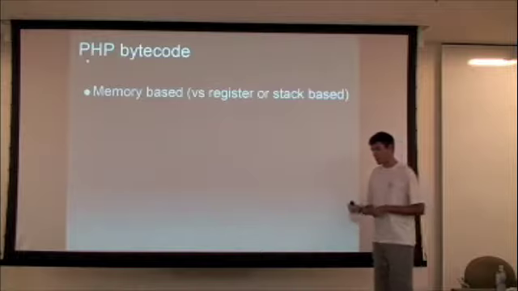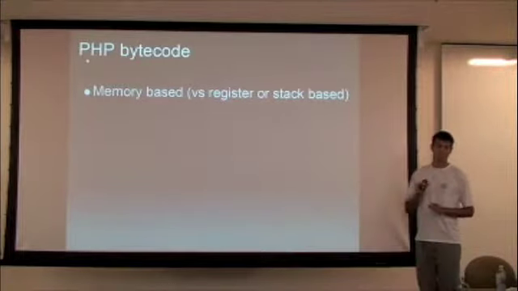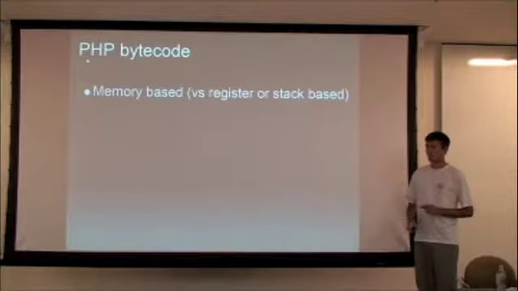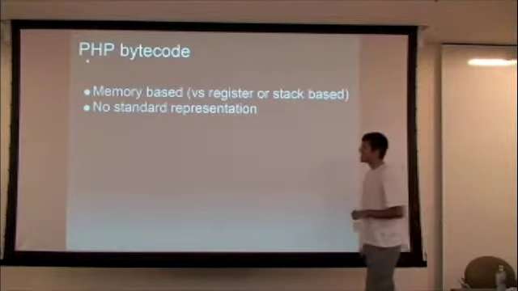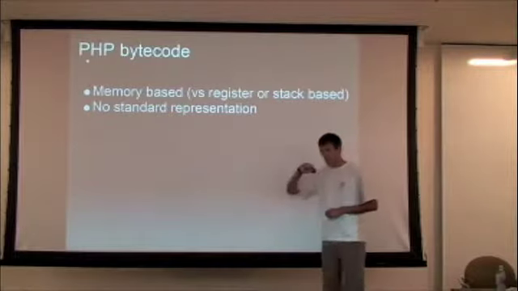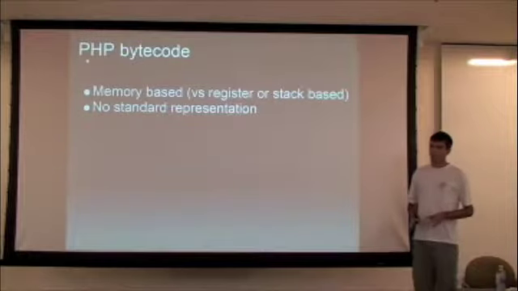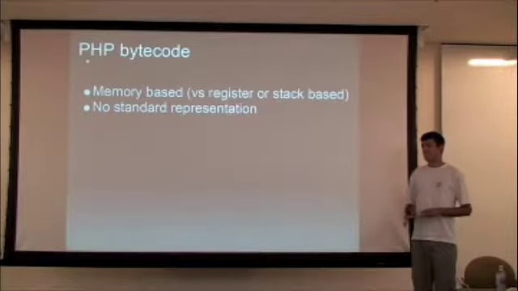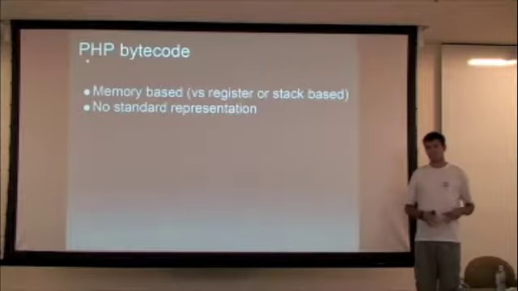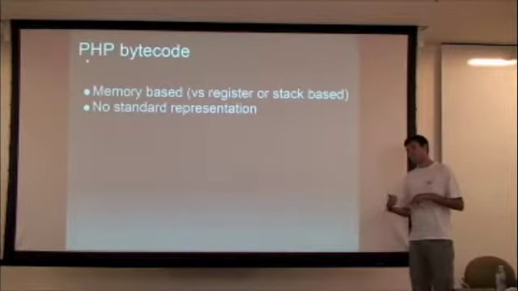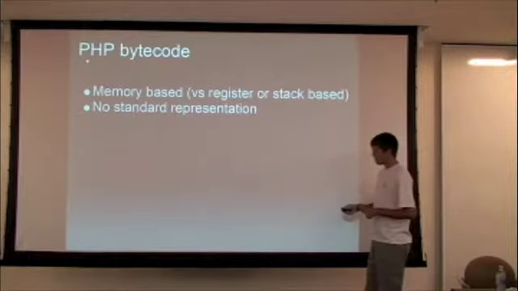The PHP bytecode has references to specific memory locations, which is a bit weird, but that's how it looks. Also, it has no standard representation. There is no standard textual representation, and there's also no standard way to serialize the bytecode to disk. Although there are some extensions that do that, there is no standard way to do it.